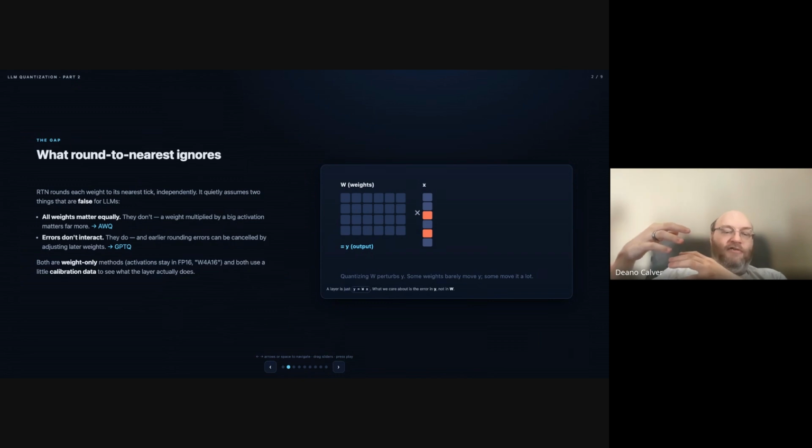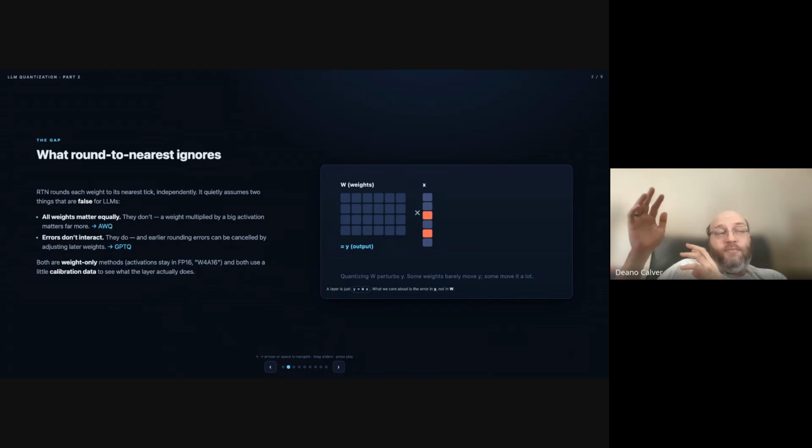If you can kind of steer the errors, essentially adding intentional errors later in the calculation, either in the actual matrix multiplier or in a further layer, you can recover the error because you beforehand knew that weight down there was going to get it wrong. And this idea that you can tune the errors so that the later parts are able to fix some of the earlier errors is the other approach. And that's called GPTQ. These acronyms get me every time.